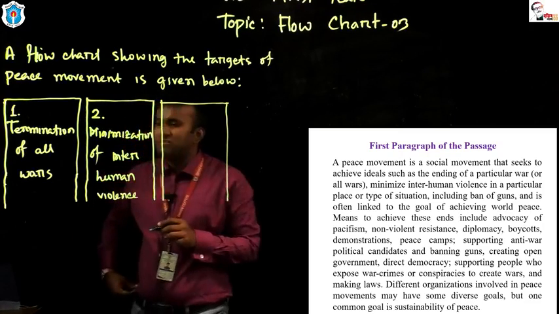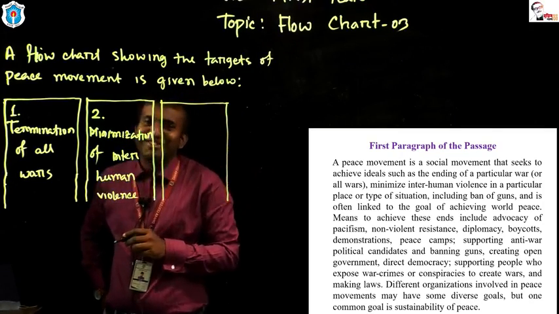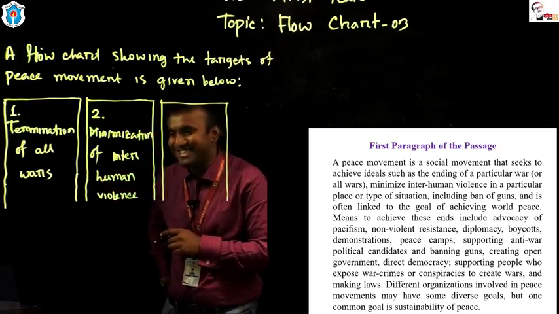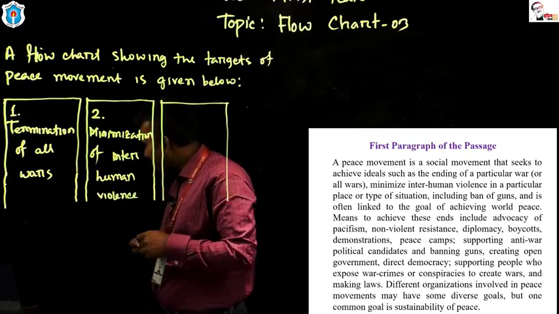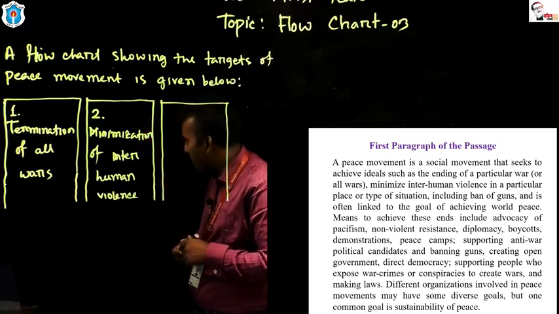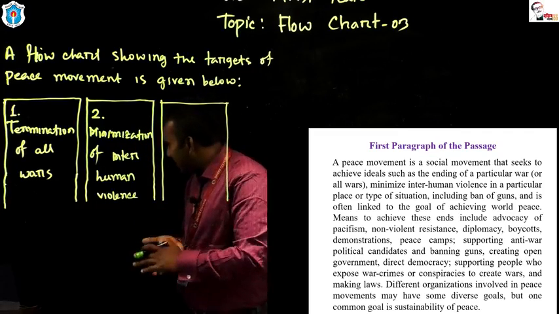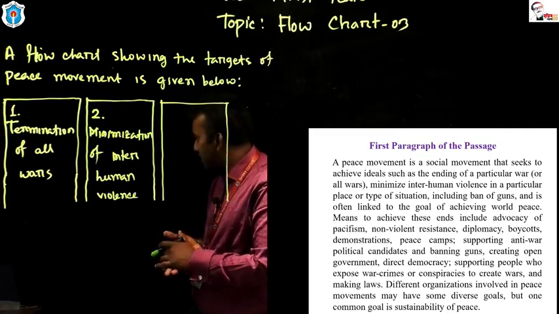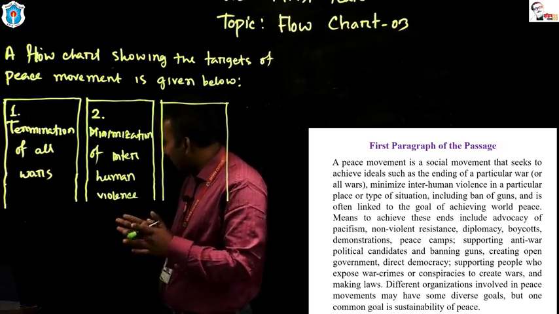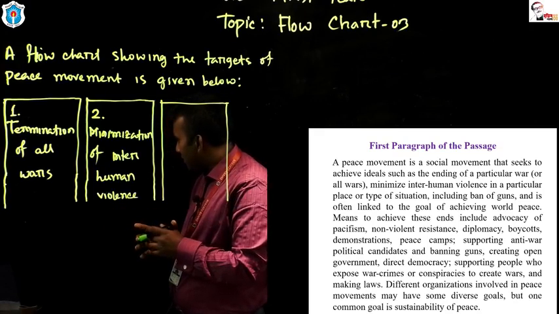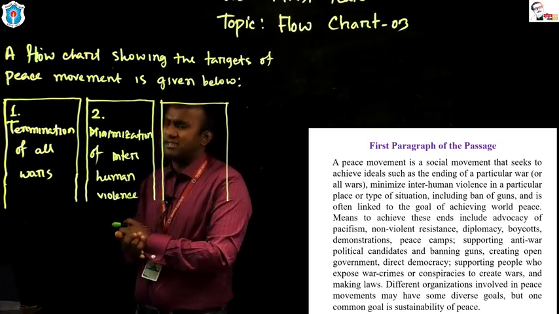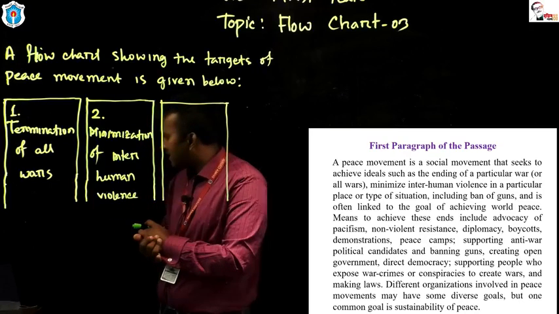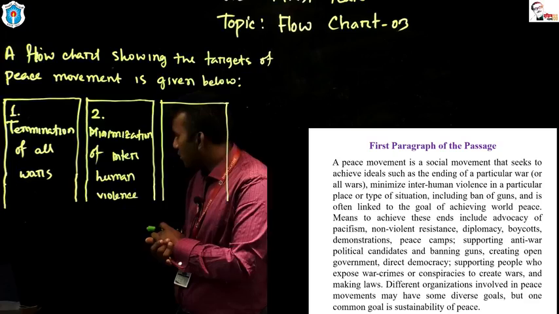Our third box is related to, what is your answer, my dear students? Write in the comment box. Thank you. Abir Hassan has written banning of guns, Suraya Sultana, minimization. Okay, thank you. You are requested to start with a noun phrase. Don't start with verb plus ing. Yes, thank you, Atikur Rahman.